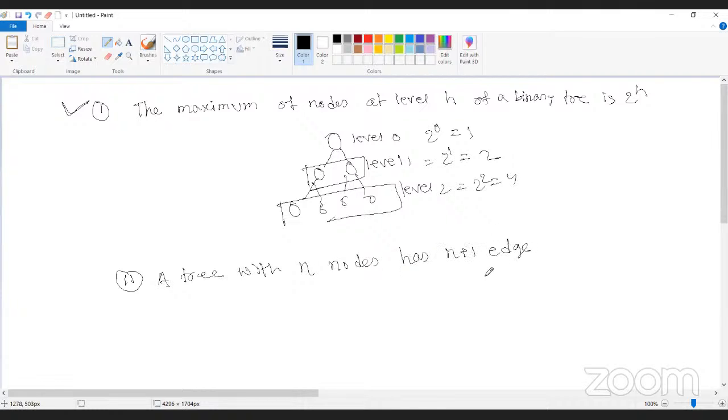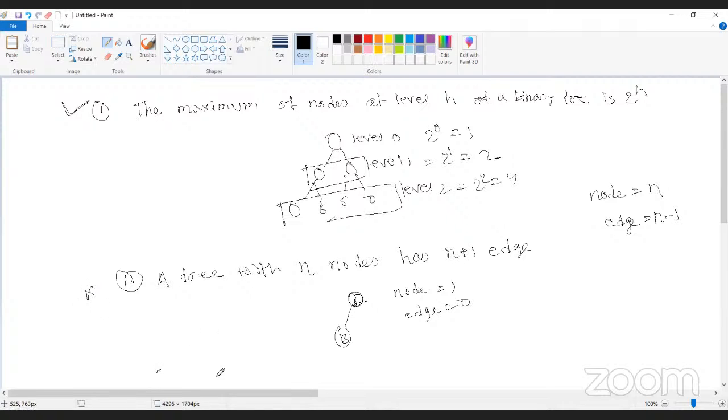So we have seen, if there are n nodes, then edges will be n minus 1, right? You can see if there is one node, edges will be 0. If there are two nodes, edges will be 1. So this statement is wrong.